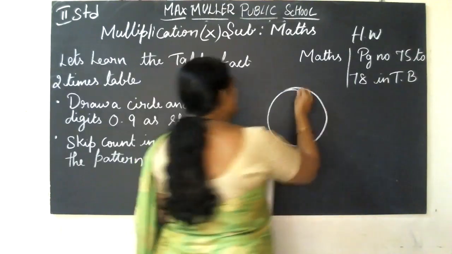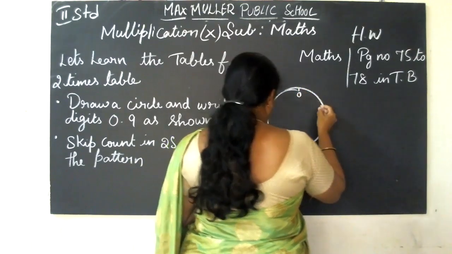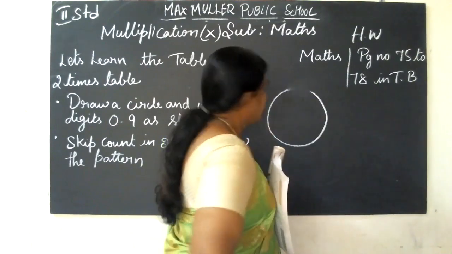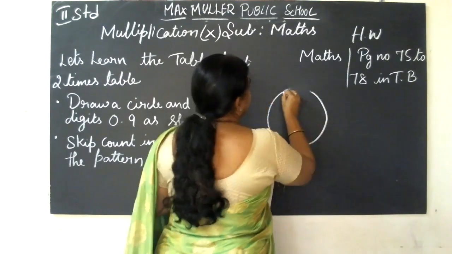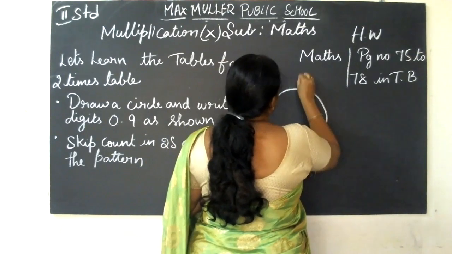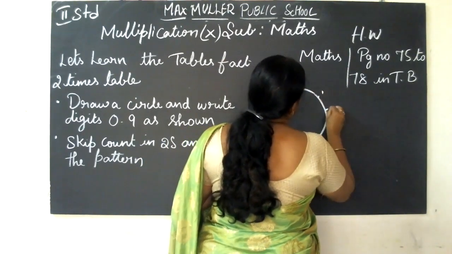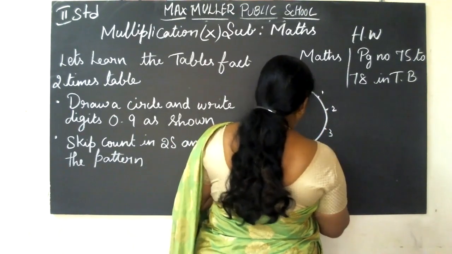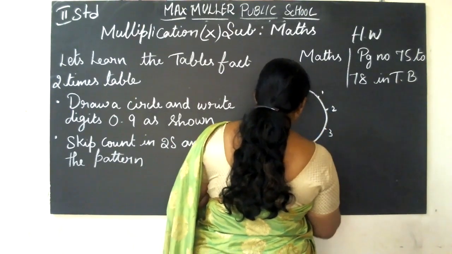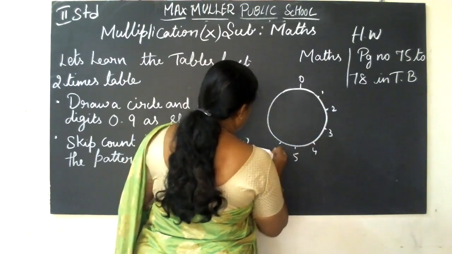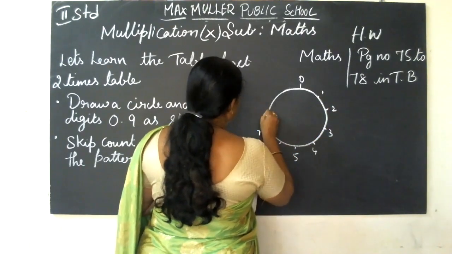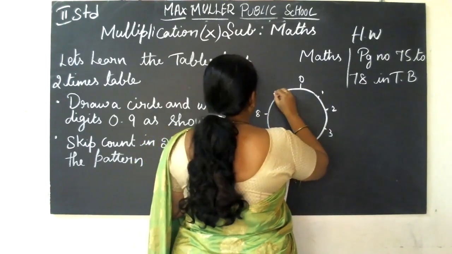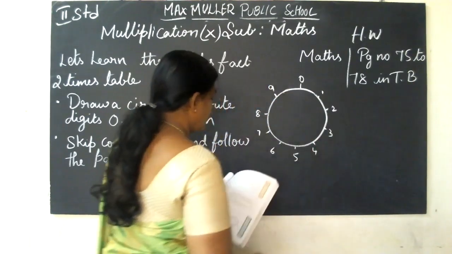Twos means you want to skip here. 0, then 0, 1, 2, 3, 4, 5, 6, 7, 8, 9. Now it's 0 to 5.